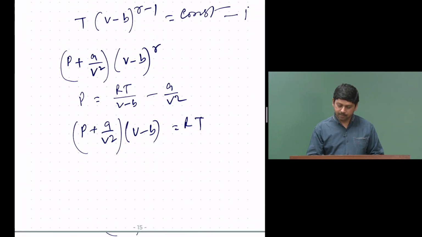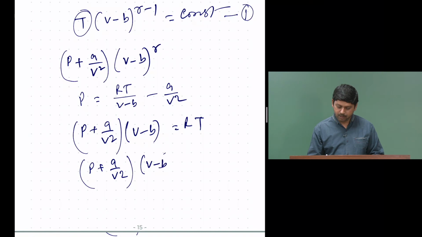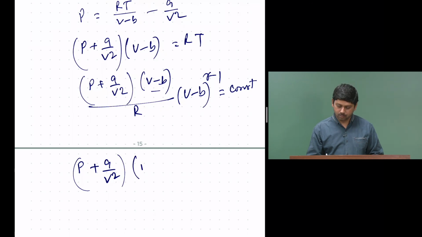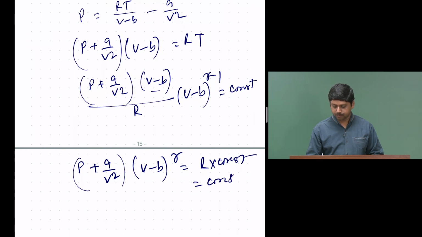Therefore, we can write the same equation 1 by just replacing T by (P plus a by V square)(V minus b) by R, into (V minus b) to the power gamma minus 1 is a constant. Then we can write (P plus a by V square)(V minus b) to the power gamma is equal to R into constant, which is another constant. That is also proved.